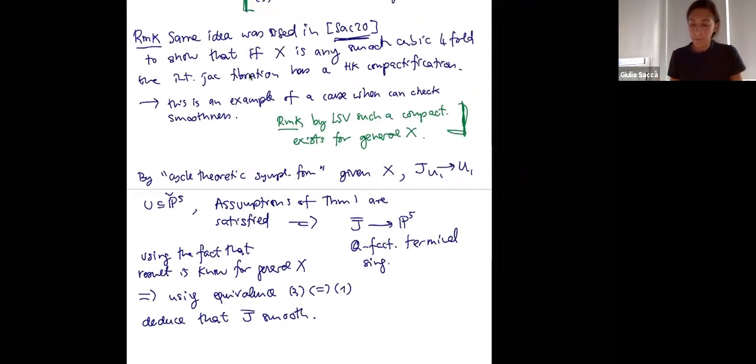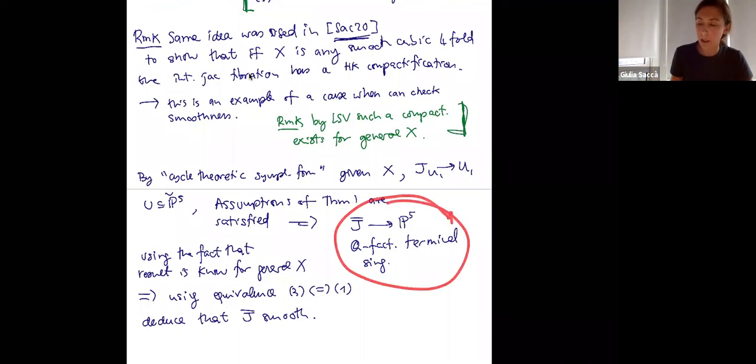So I'm actually using the fact that I know the result for general X to know that this compactification that I find is smoothable, and hence by the equivalence above, that in fact it's smooth.